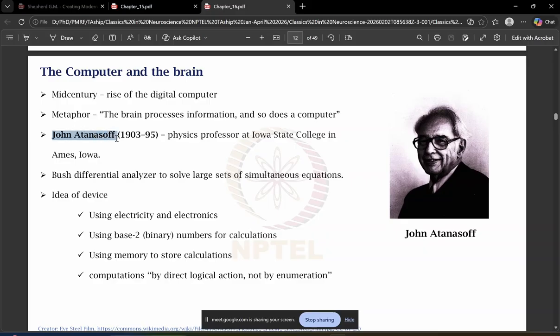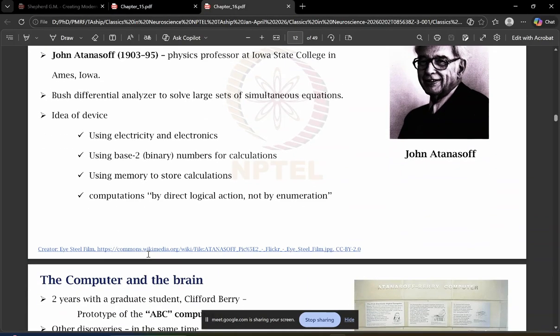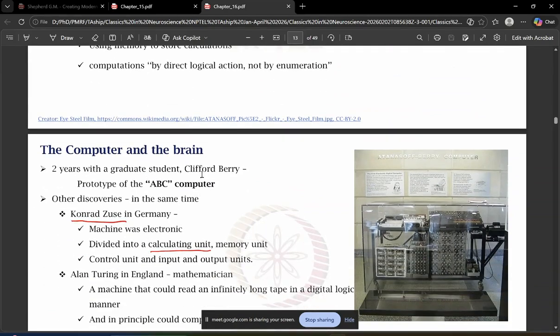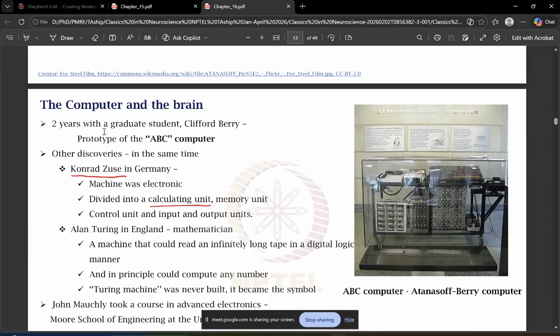So John Atanasoff was the one who is credited with the idea, the features and the idea of a digital computer. And he, together with a graduate student called Clifford Berry, spent 2 years to make a prototype of this computer.